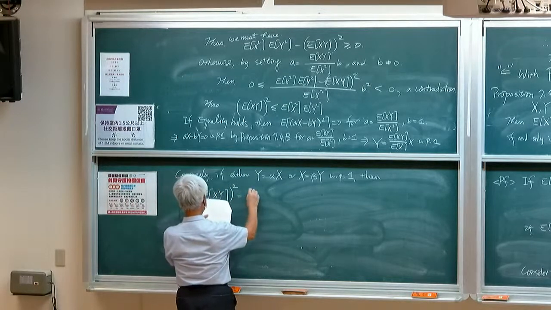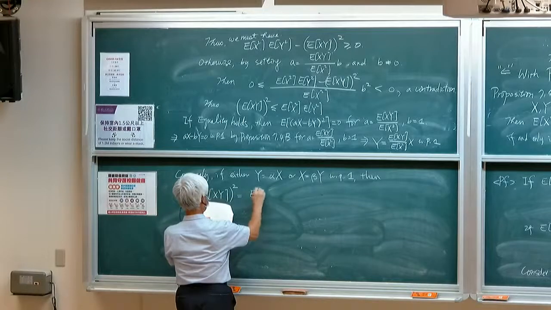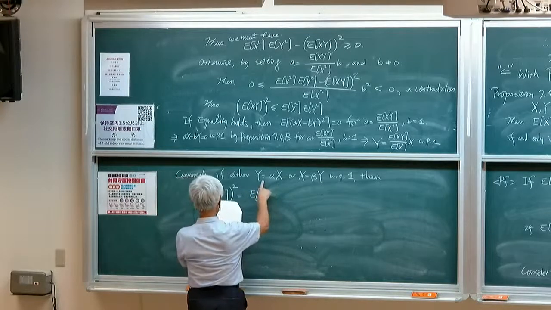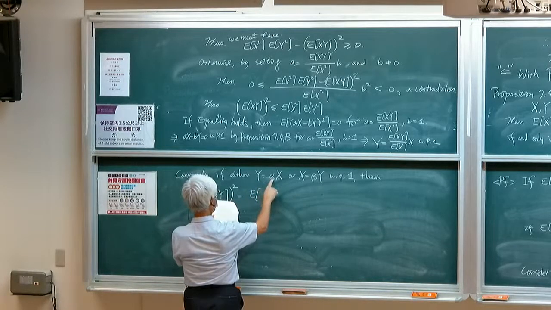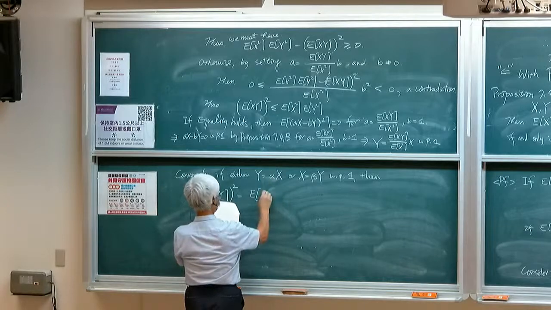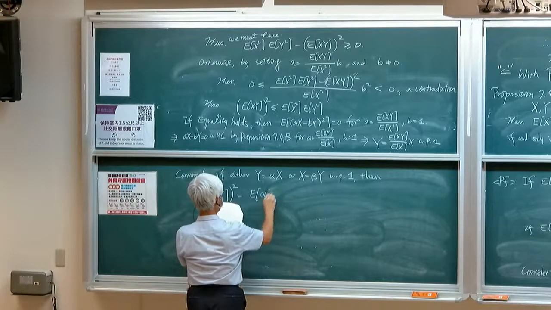now this is the expectation of, for example, for this one, alpha x squared.